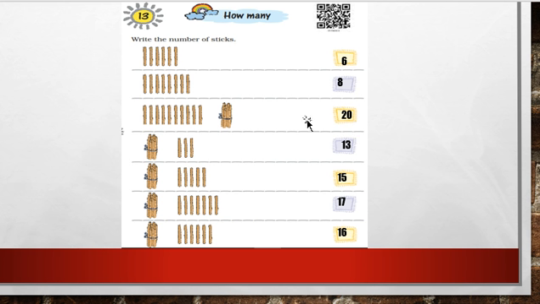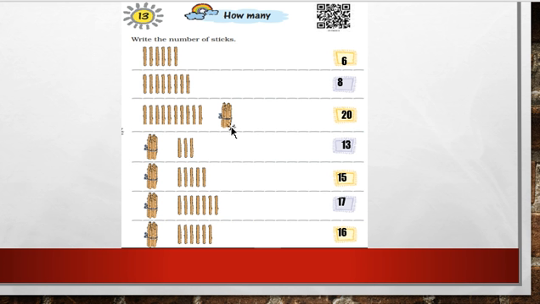Just one thing I'm explaining here is again the one bundle shows tens. This concept we have taken up in the previous videos, how 10 loose numbers together form one tens.